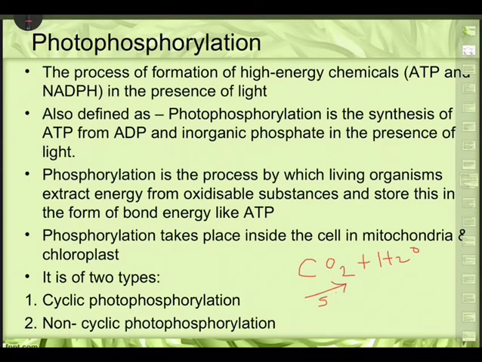In junior classes we have been writing that overall photosynthesis can be represented as CO2 plus H2O, in the presence of sunlight and a pigment called chlorophyll, giving a monomer C6H12O6, which becomes starch when it becomes n times, and as byproducts some water will be formed, plus most important, oxygen will be released, which we are all enjoying free of cost.